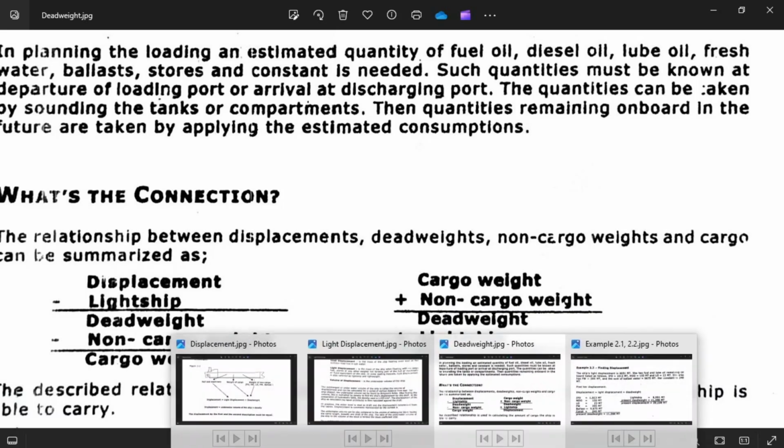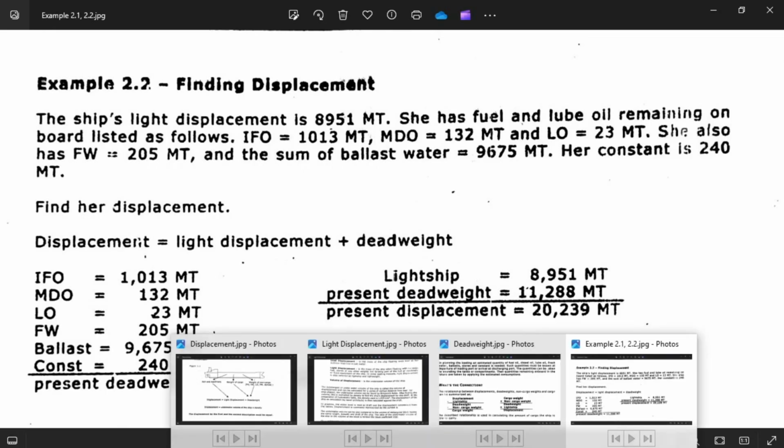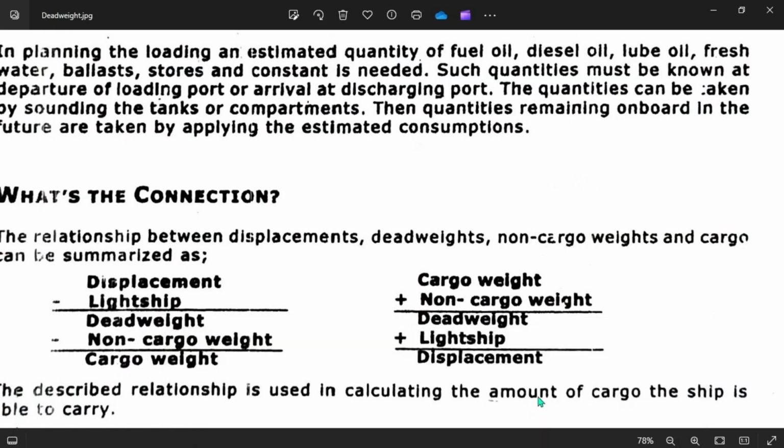Check again, guys, light ship plus your present deadweight. So your light ship plus your deadweight, that will be your displacement.